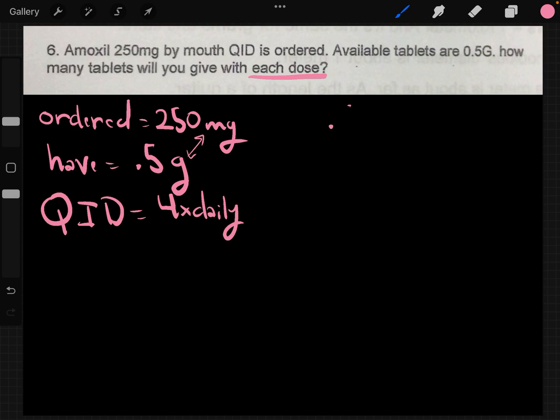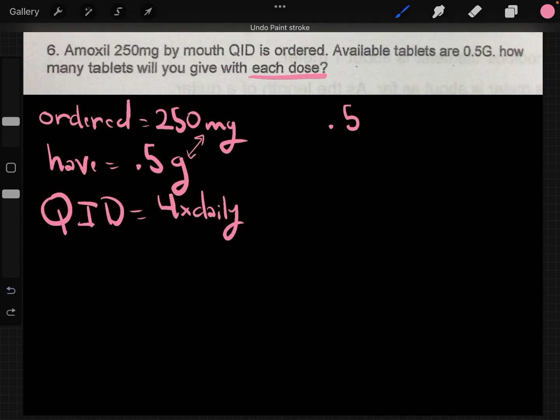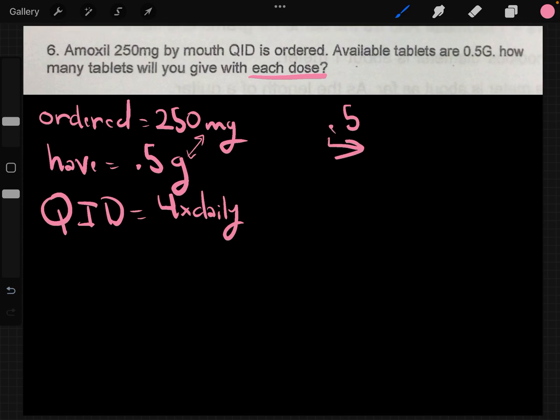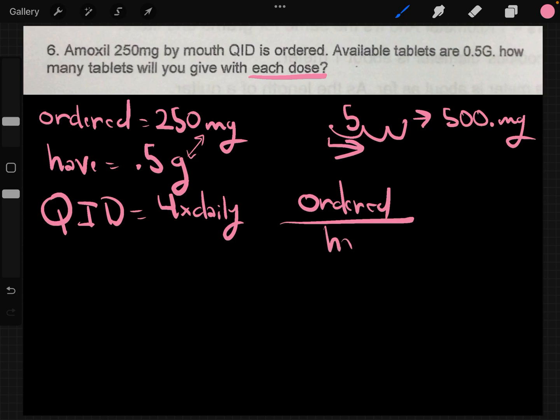So for the 0.5 grams, we just need to move the decimal point 3 slides that way. So 1, 2, 3, which would turn out to be 500 milligrams. Okay. So for this one, we're using the formula ordered over what we have.